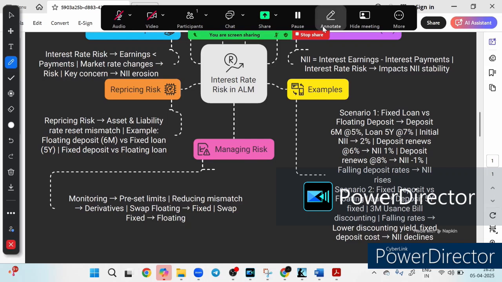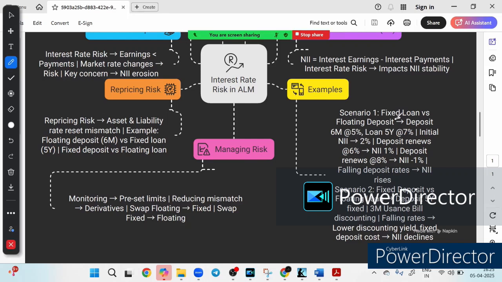Suppose scenario number 1, we have a fixed loan versus floating deposit. Deposit for 6 months at the rate of 5%, loan for 5 years at the rate of 7%. So what is the initial NII? Initial NII is nothing but 7% minus 5%, which is equal to 2%.